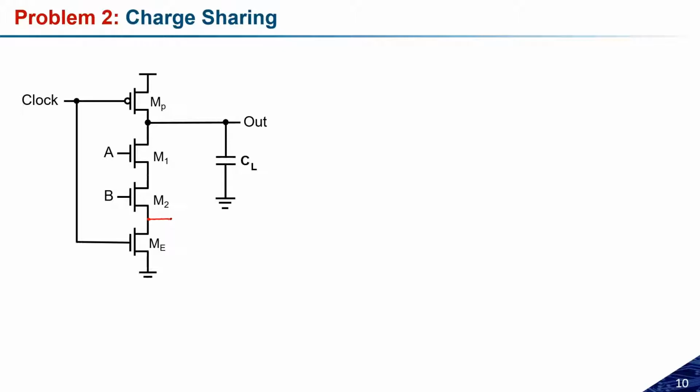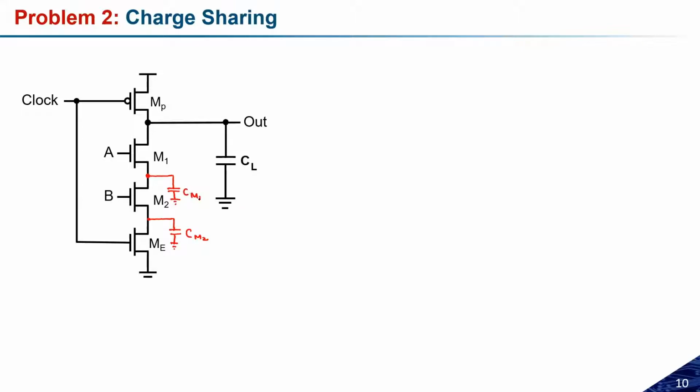Okay, so let us assume I have some load capacitance at this node, and let us assume it is CM2. Similarly, we can have some load capacitance at this node as well, so let us consider this load capacitance is CM1.